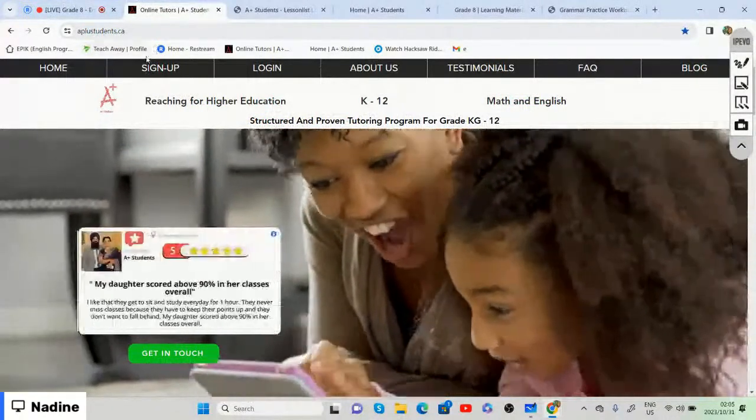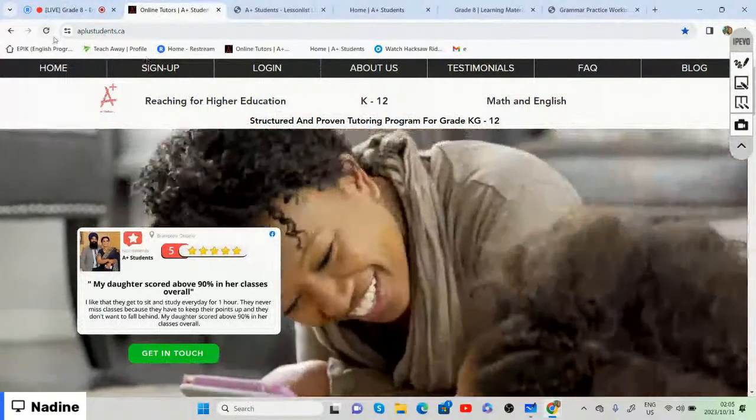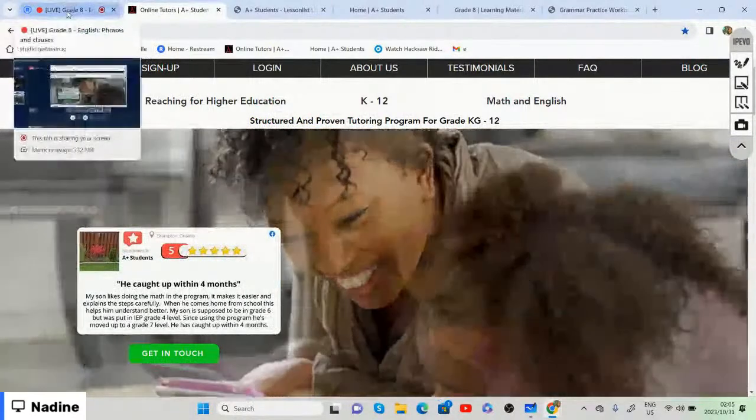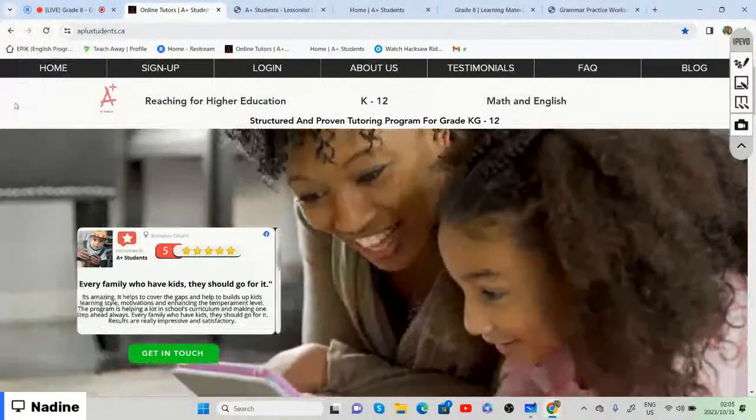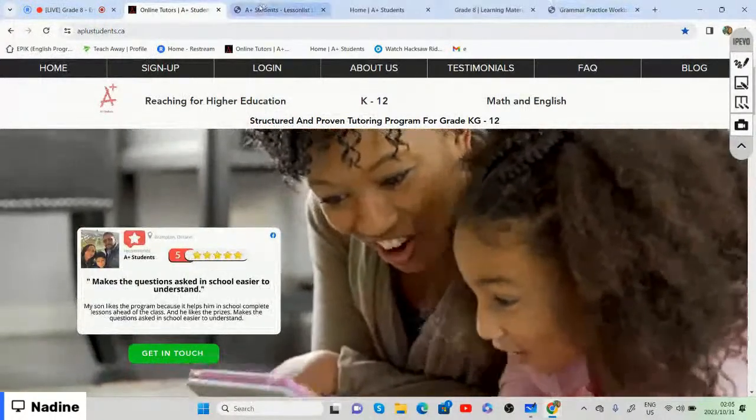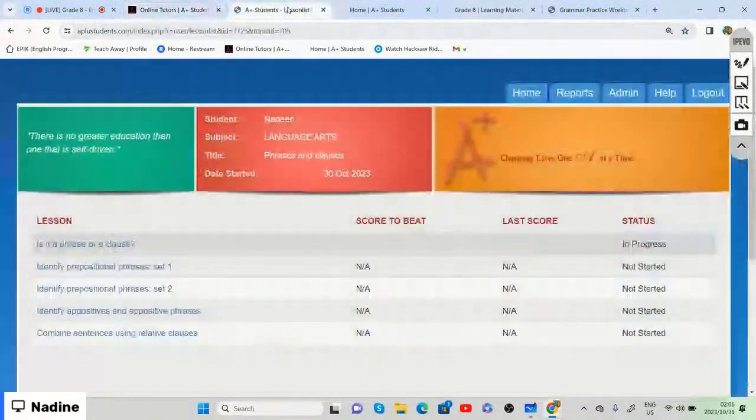Once you've selected grade 8, you're going to select the subject of language arts, and then scroll down until we get to the chapter of phrases and clauses.